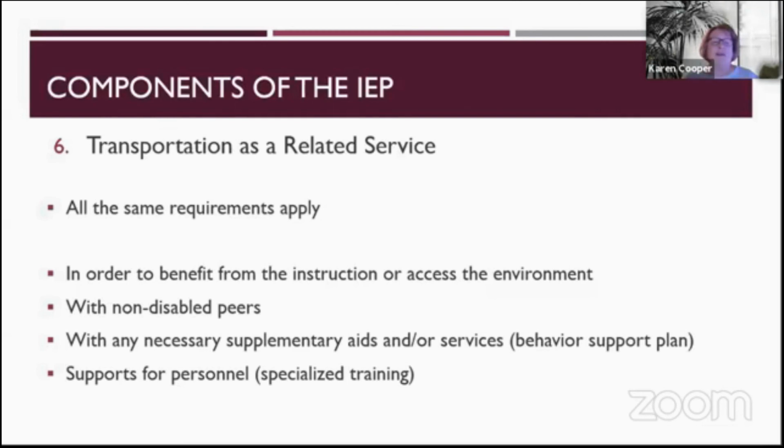They should be with their non-disabled peers with any necessary supplementary aids or services and supports for personnel. So if your child requires transportation as a related service, it may not be necessary that they ride a separate bus. We should start with the regular education bus first and then determine what kind of supports or supplementary aids and services we can provide on that regular education bus first.